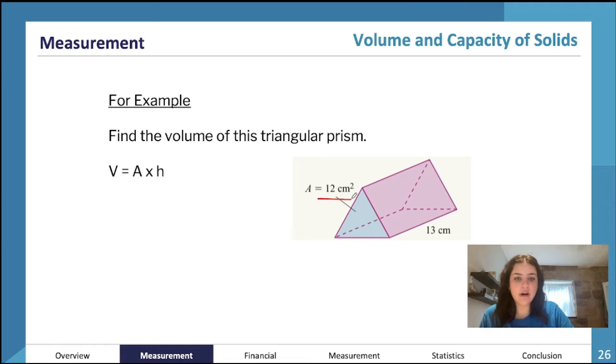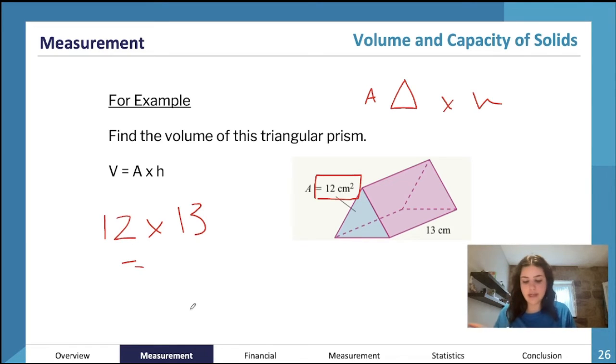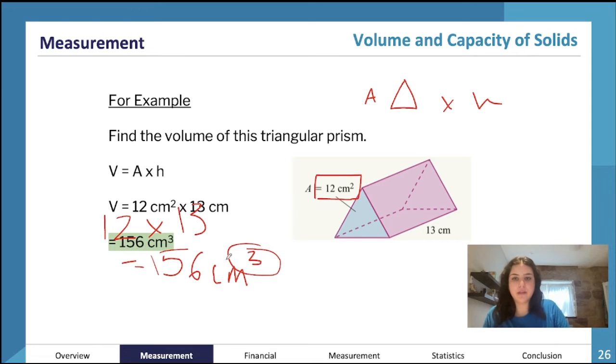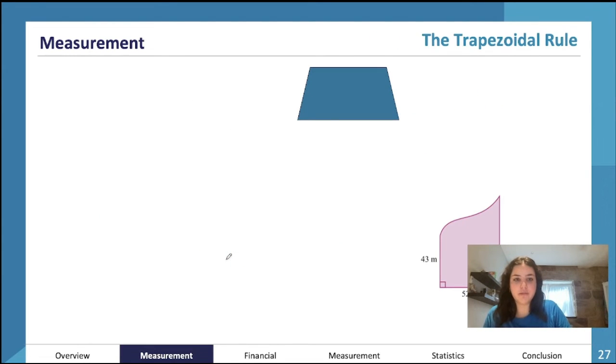We just take the area of our face, so think of it like area of the face times height, which is 12 centimeters squared times 13. 12 times 13 is going to give us 156 centimeters, and this is the important part, cubed. 156 centimeters cubed. Like I said, it's important to express your volume in cubic terms.